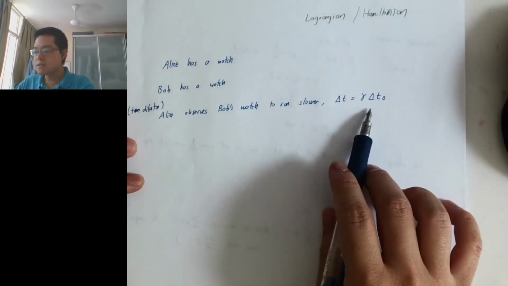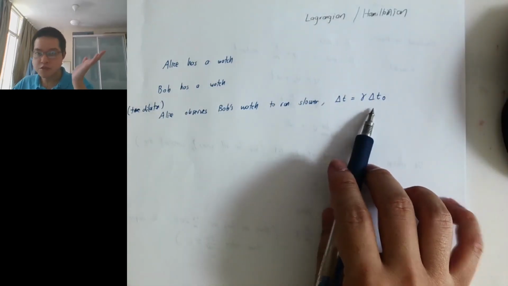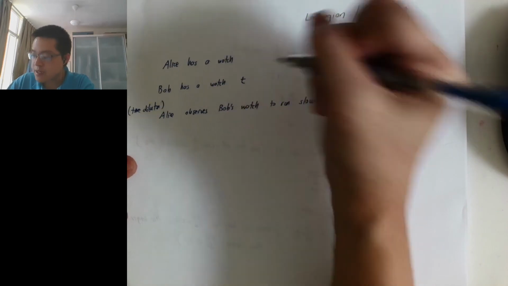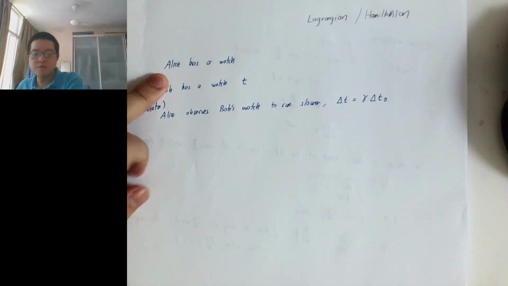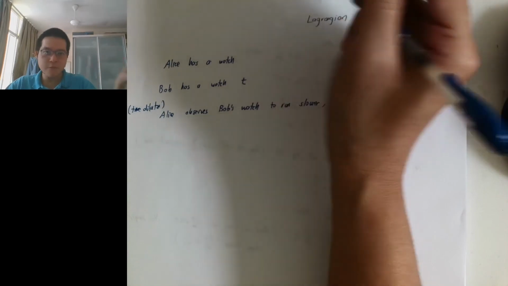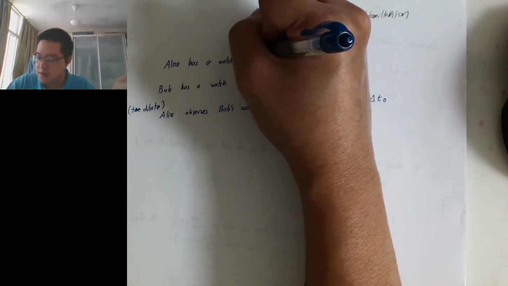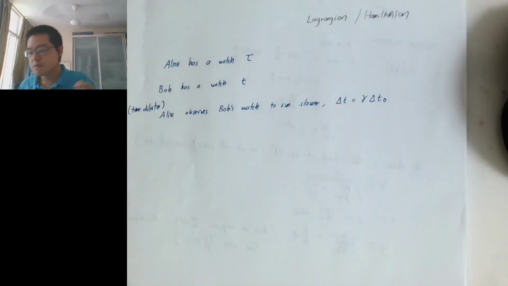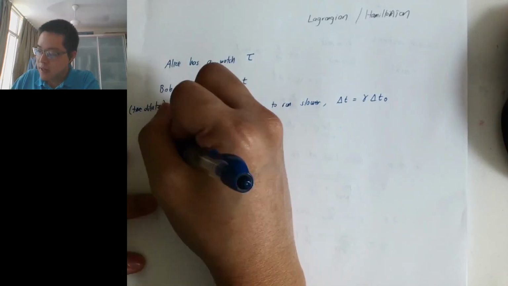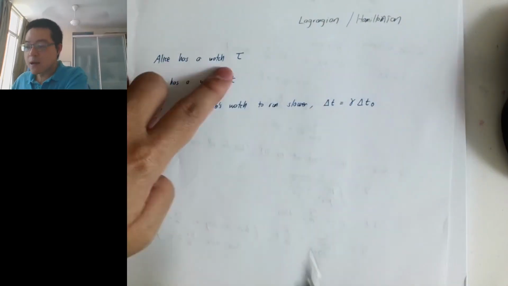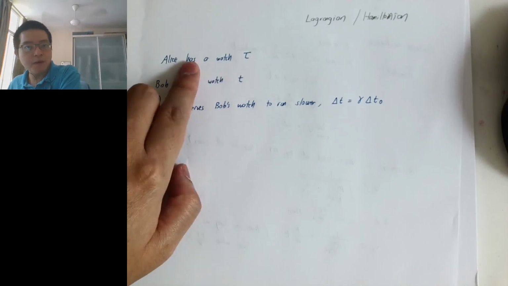So this is the proper time of Bob's watch. I'm calling t the variable on Bob's watch. I need a second variable because Alice's watch is a second watch, so let me call this tau. Tau is the proper time in Alice's watch.